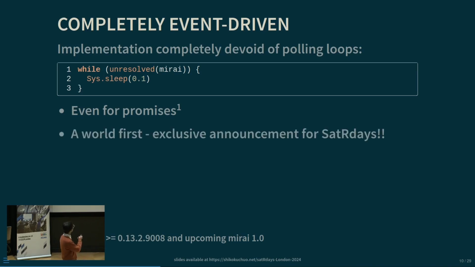So this is a world-first announcement on Saturdays. We've solved this problem. Mirai promises run like the rest of the Mirai package, completely event-driven, no loops of this kind. It scales to a case with thousands of promises. And I have a collaborator who's tested this, and he's confirmed that a Shiny app that actually uses thousands of promises feels noticeably snappier and faster and responsive because of that.